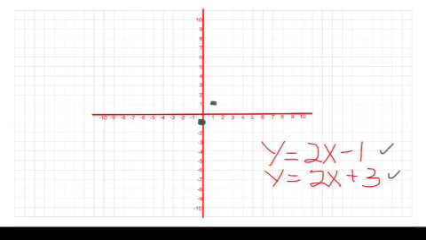One more try. Okay, and then I'm going to graph plus 3 right here, and I'm going to do a slope of 2, so up 2 over 1. And again, I'm going to draw this line.